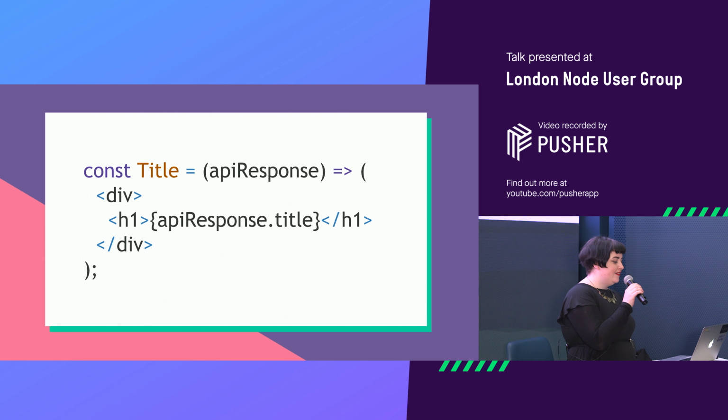So this is a dramatic example of what a component might have looked like for a title. Instead of just passing in the title, we would pass in the entire API response and just get the title. That should be destructured, but ignore that.